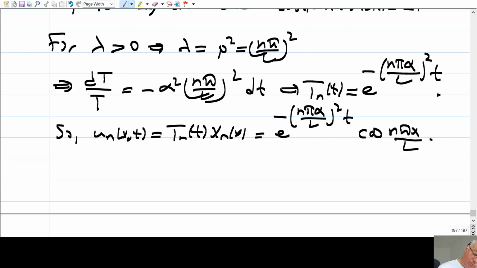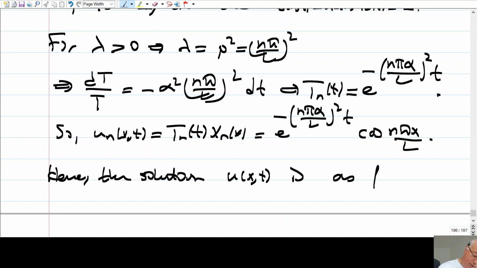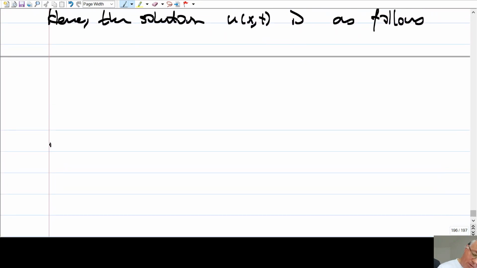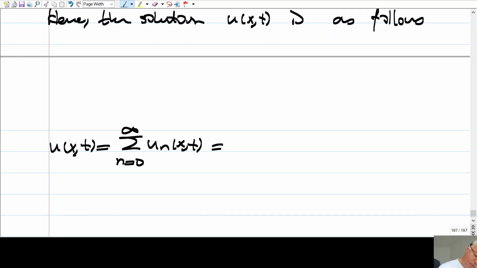Hence, the solution u(x,t) is as follows. u(x,t) is just the summation from n equals 0 to infinity of C_n u_n(x,t).